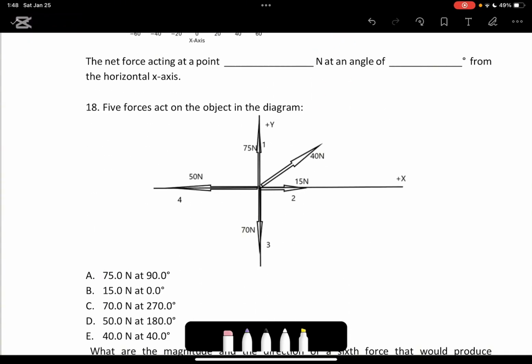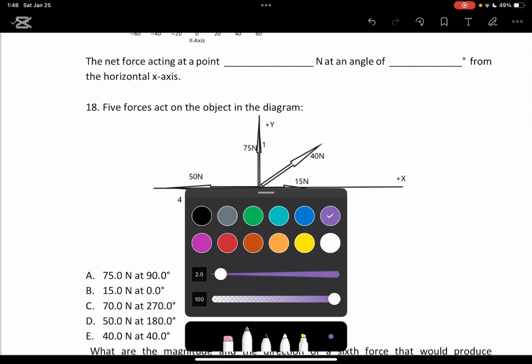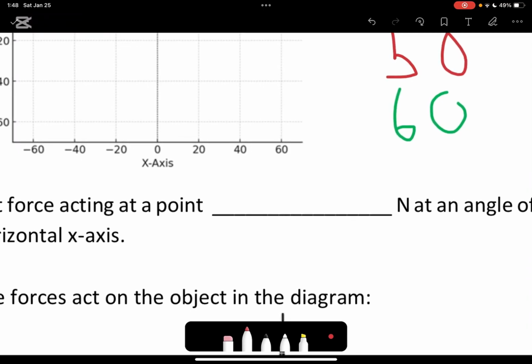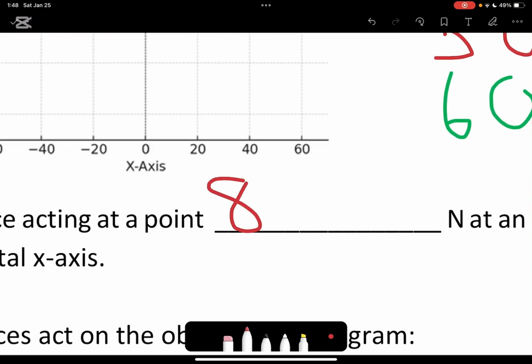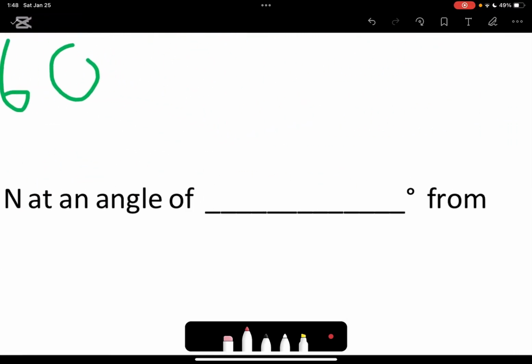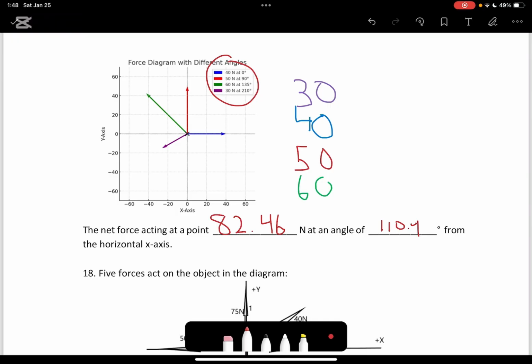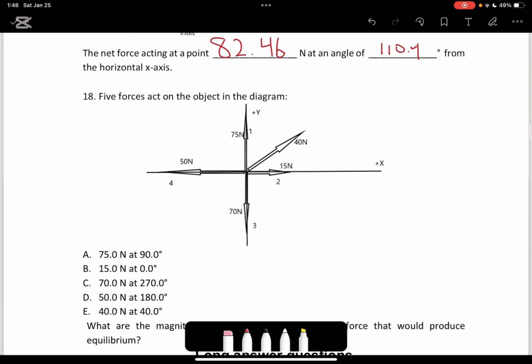I don't have a simple example for this one, so I'm just going to put the answers from the revision, because I'm going to go back to this in the second video, because it's going to be long.